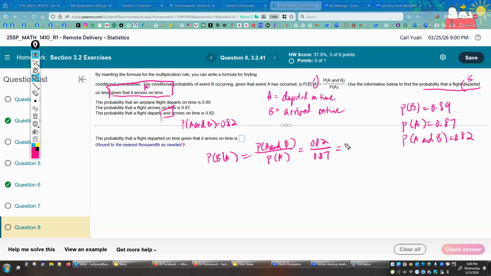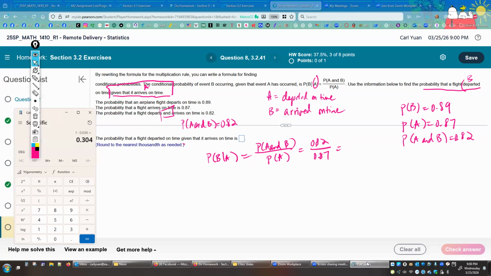Punching it in the calculator, we get 0.9425, so 0.943.